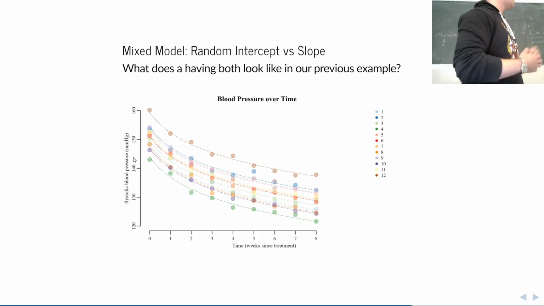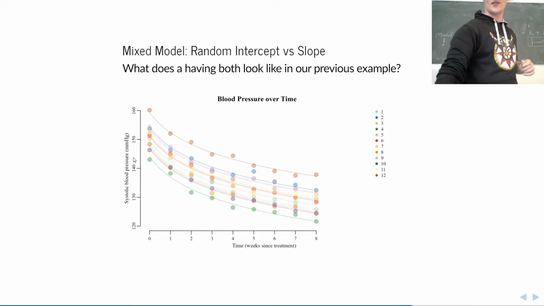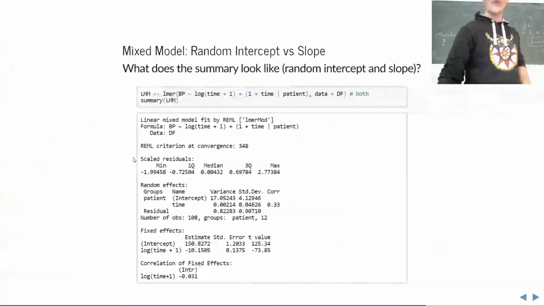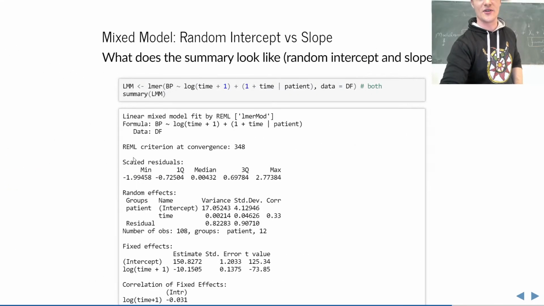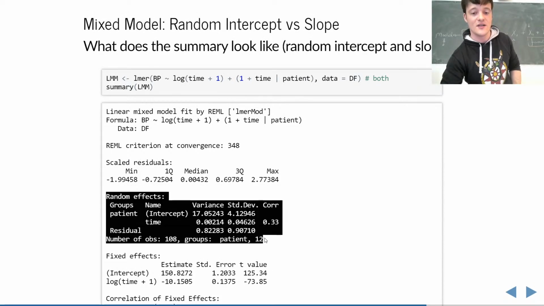Yeah. So you said there was only a standard deviation of 1 in the residual. That's right. That's what it has to do with. Let me show you precisely why. This is the output of that last model I showed. And we're just going to look at the random effects part over here. We have the intercept, the random intercept. So this is the variance in patients as a constant difference between them.